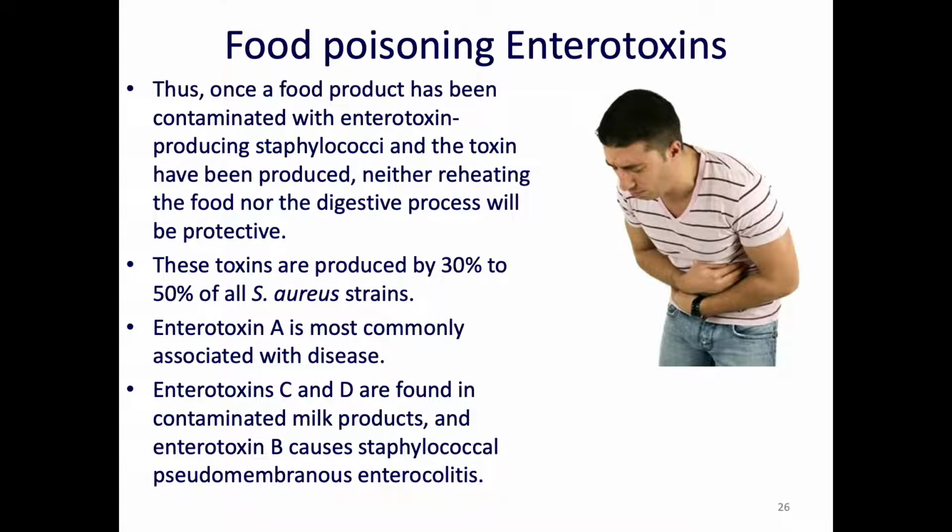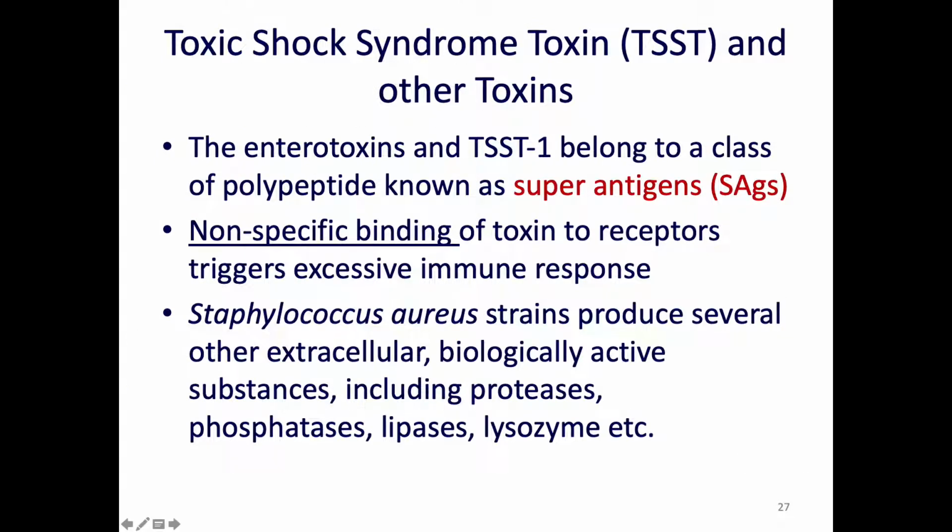Enterotoxin B causes staphylococcal pseudomembranous colitis, so it is really not a very pleasant thing to have poisoning with staphylococcal enterotoxins. Now about toxic shock syndrome toxin and other toxins.